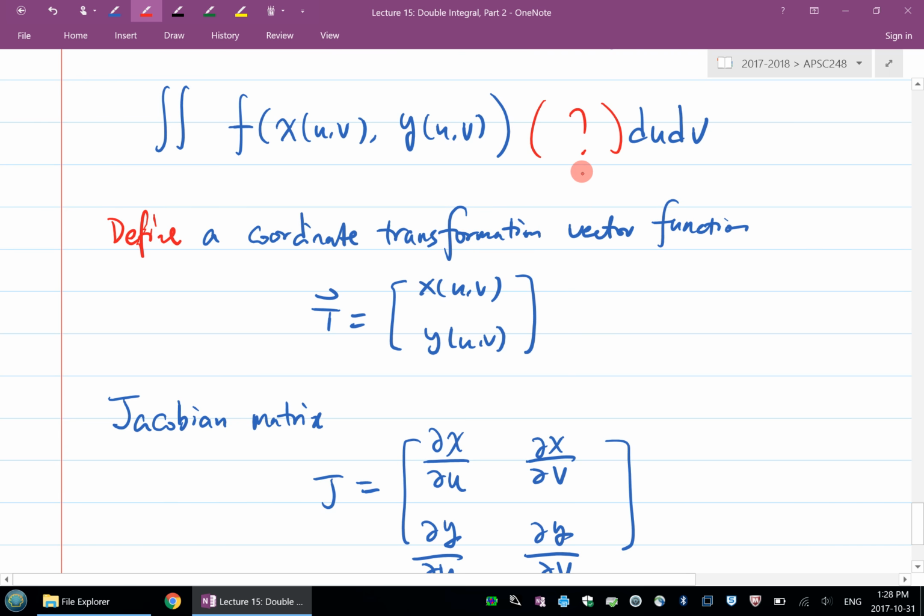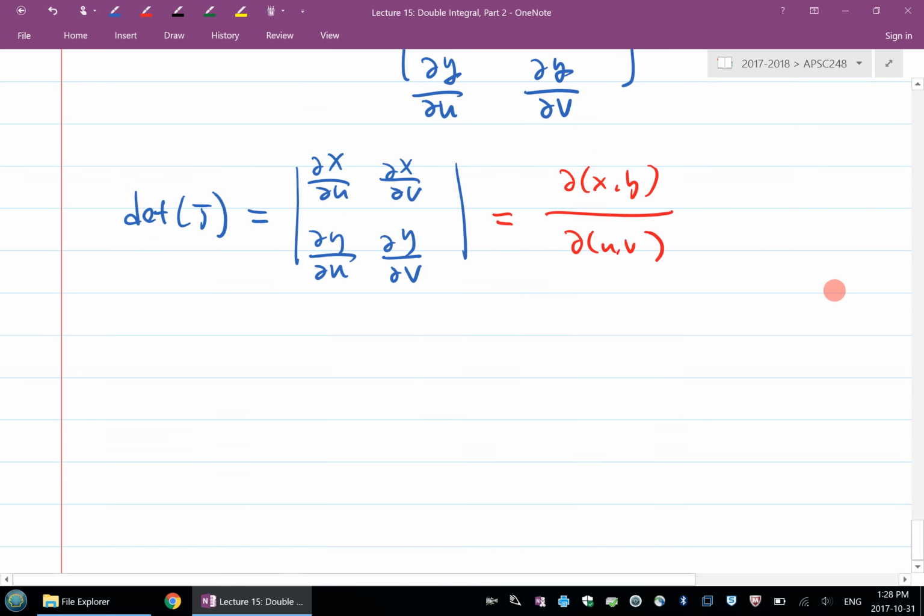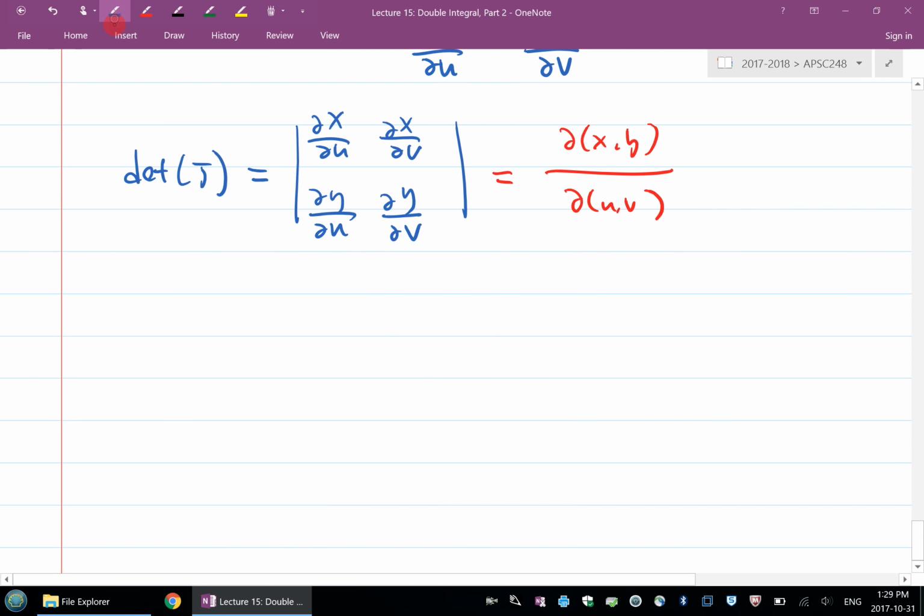Remember, I'm trying to look for the question mark here. For change of variable, here is your original double integral.